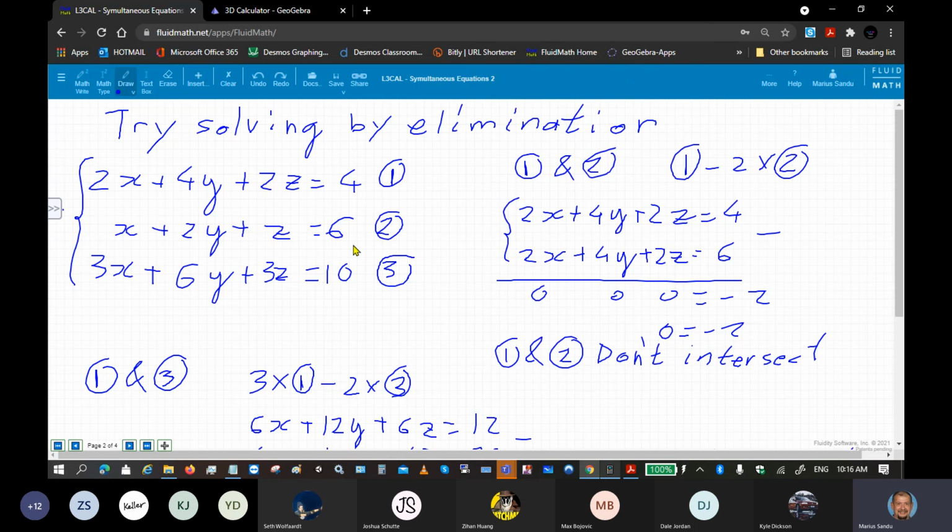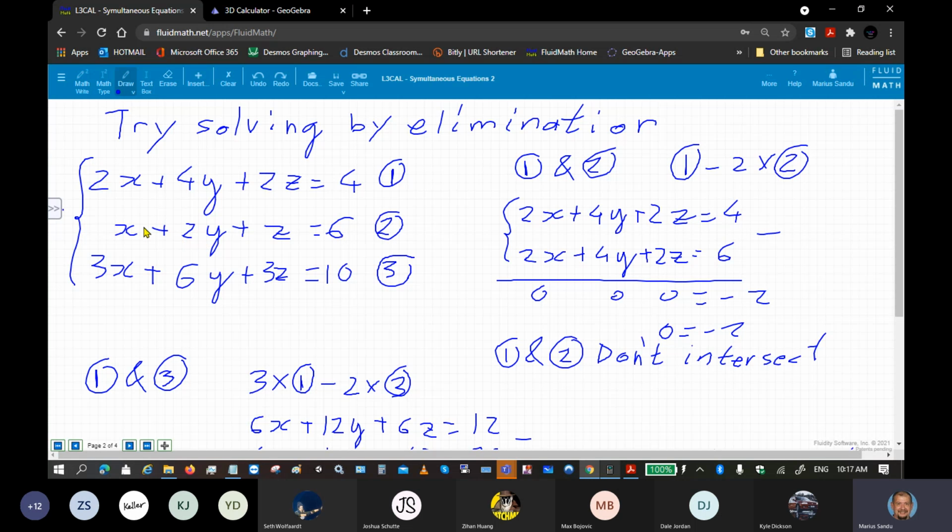The next step would be to inspect the coefficients. As you can see, the coefficients in equation 1 are proportional to the coefficients in equation 2, less the constant term.